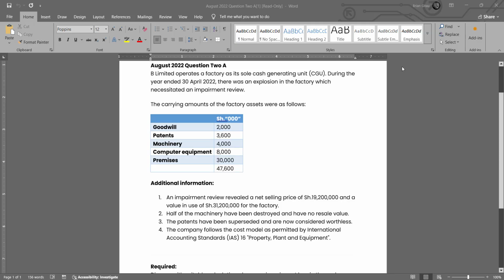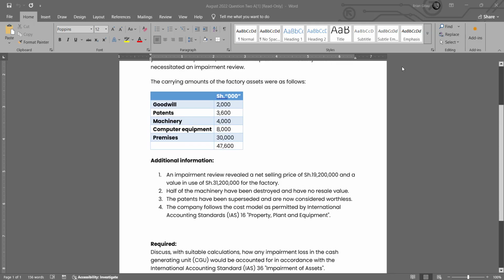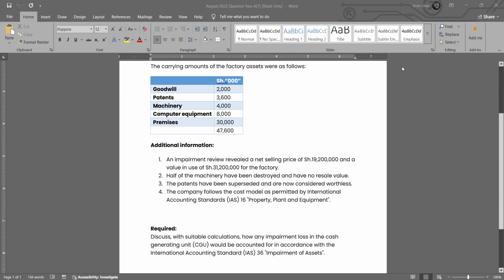And number four, the company follows the cost model as permitted by IAS 16, property, plant and equipment. You are required, using suitable calculations, to show how any impairment loss in the cash generating unit will be accounted for in accordance with IAS 36, impairment of assets.